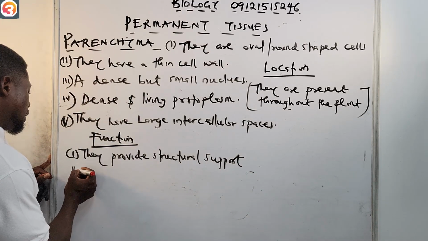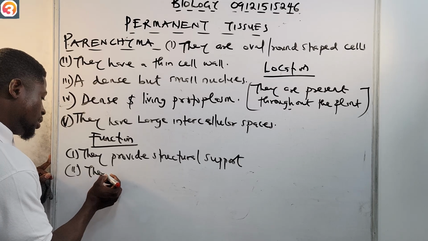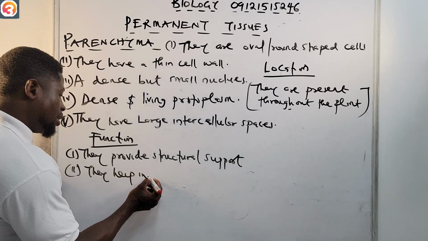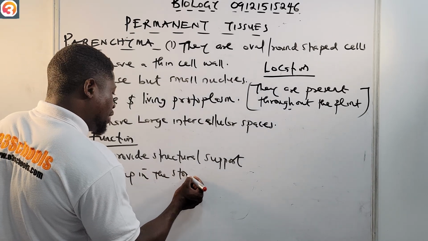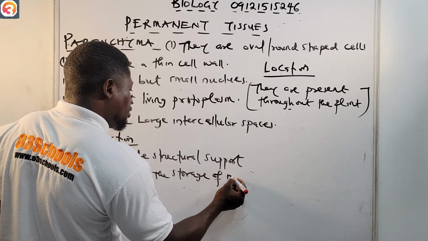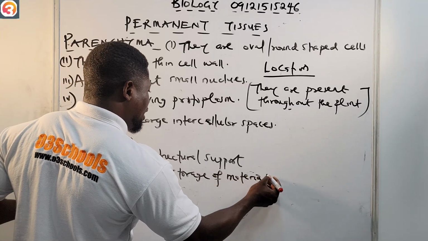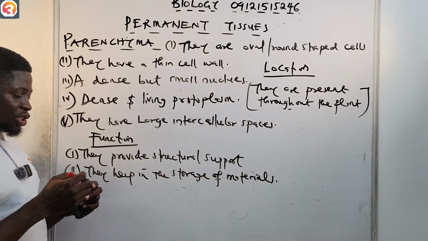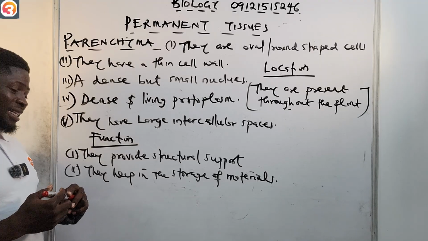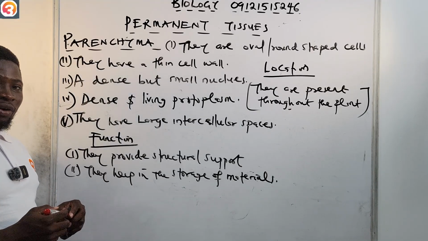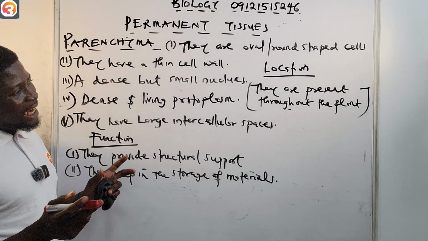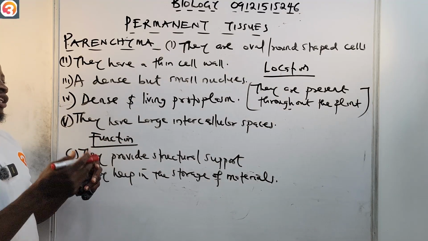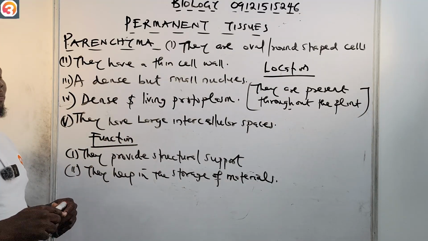And then number two, they help in the storage of materials. So they provide structural support to the plant, and also they help in the storage of materials. Now, these are the characteristics, the location and the functions of the parenchyma tissues.